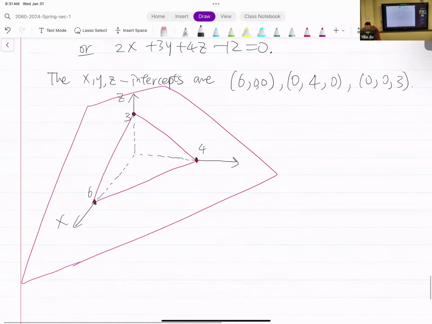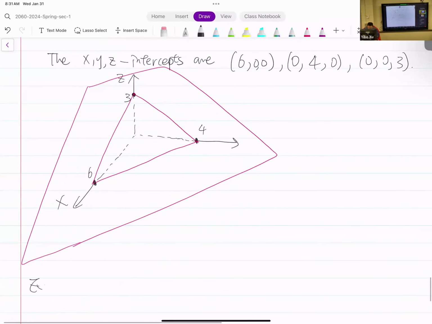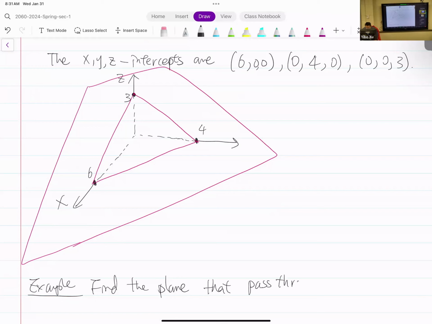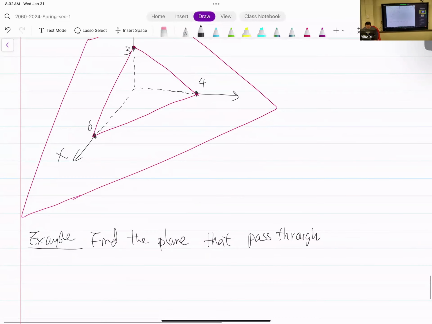Next example. Find the plane that passes through 3 points, P, Q, R. P has coordinates (1, 3, 2), Q has coordinates (3, -1, 6), and finally R has coordinates (5, 2, 0).